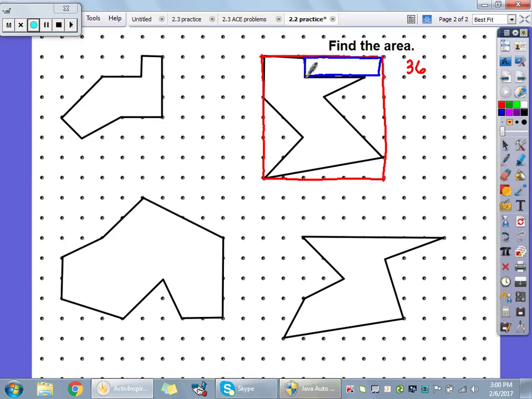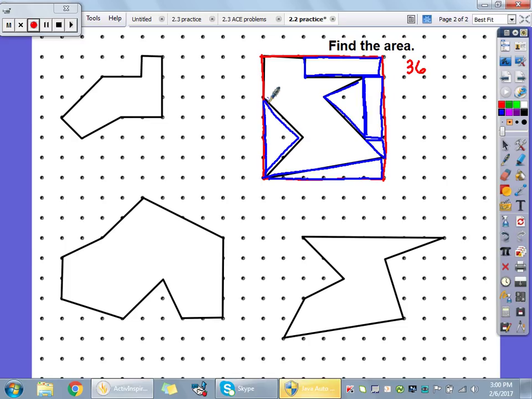Okay, so we've got this rectangle right here. We've got a triangle right here. We've got another rectangle right here, and a little triangle down here. And we've got this big long triangle all the way down here, and this triangle over here.